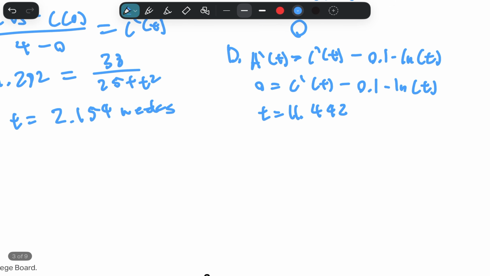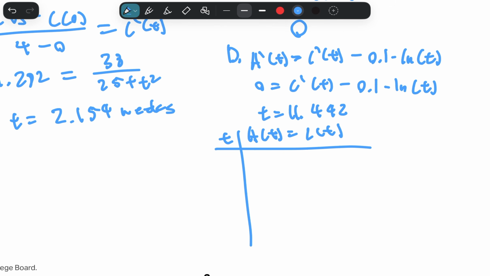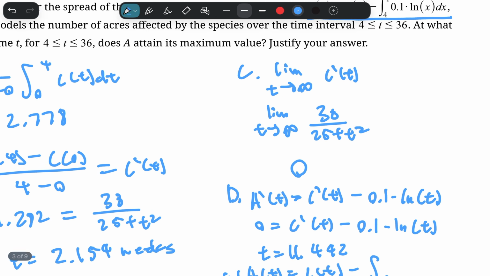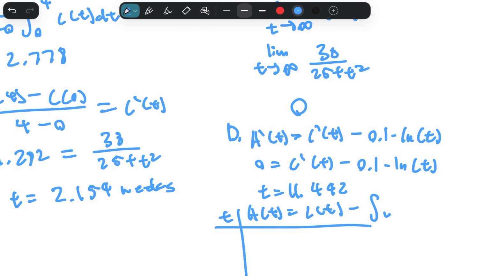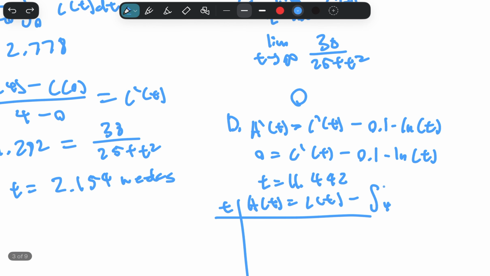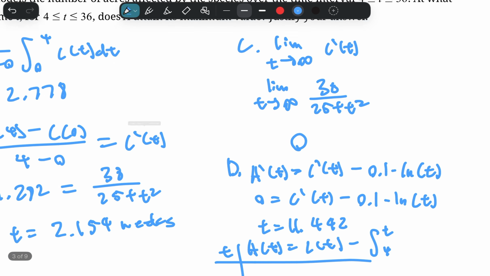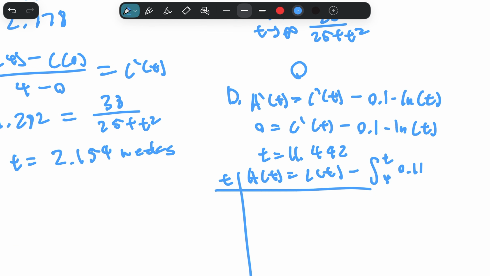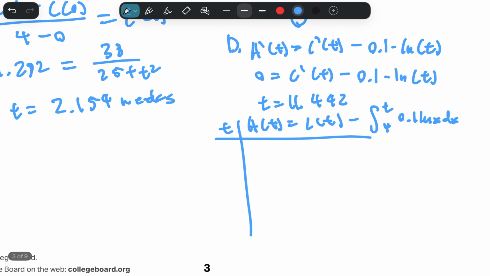Now, using the candidates test, I'm just going to make a little chart here. A of t is equal to c of t minus the integral from 4 to t of 0.1 times the natural log of x dx.